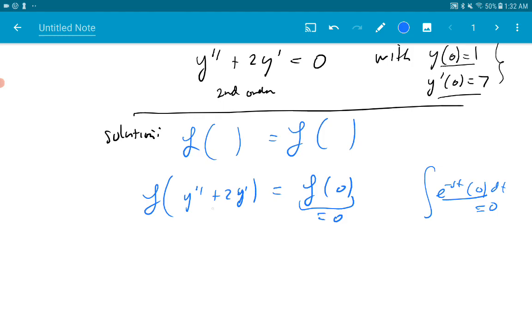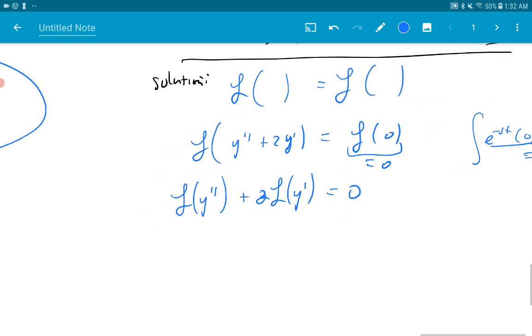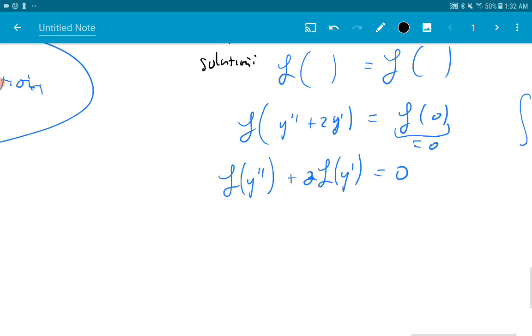So what about the left side? Well, that's the Laplace transform of y double prime plus 2 times the Laplace transform of y prime. What do we do now? If you remember the table, let me just tell you what these are again. We did this at the bottom of the table. We discovered that the Laplace transform of y prime is s times the Laplace transform of y minus y of 0.